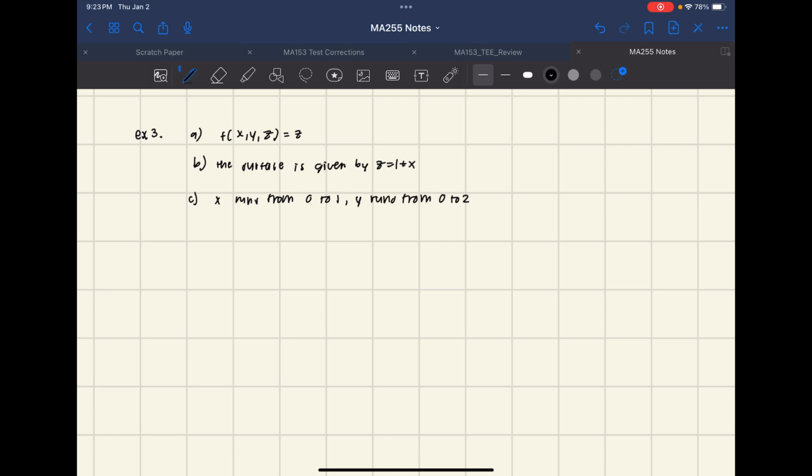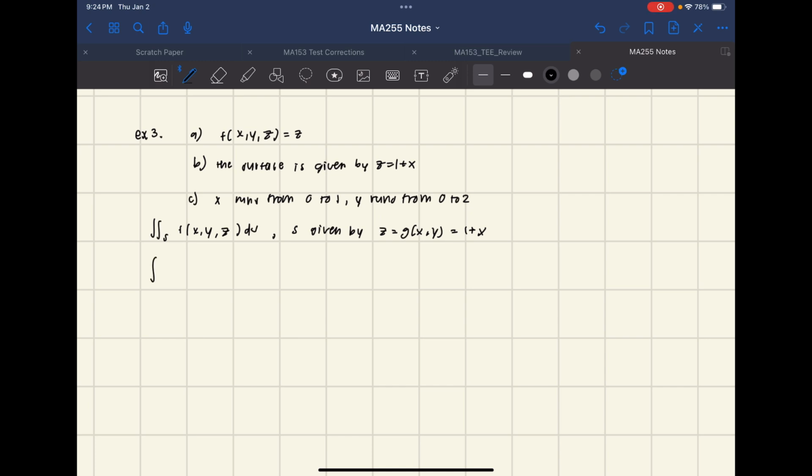Okay, so I'm going to write my form here. G(x, y), which is equal to 1 plus x.